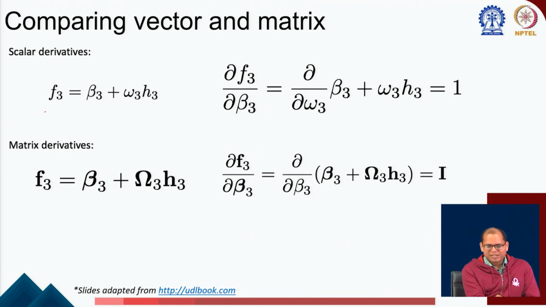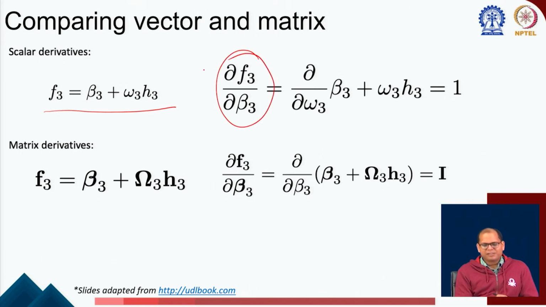Here, if my f3 was beta 3 plus omega 3 h3, and I take the partial derivative of f3 with respect to beta 3, it will be simply dou over dou beta 3 of beta 3 plus omega 3 h3. And the derivative of beta 3 with respect to beta 3 becomes just 1.